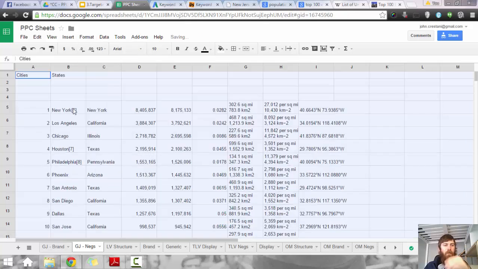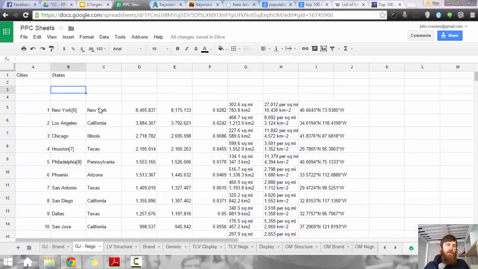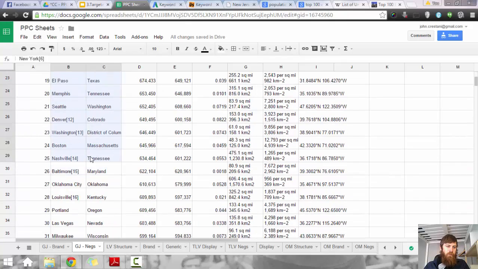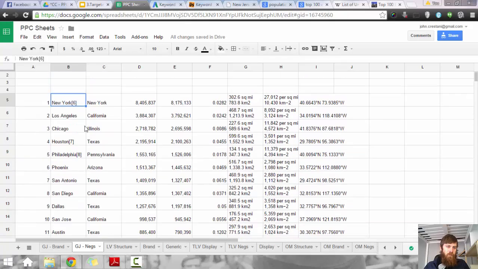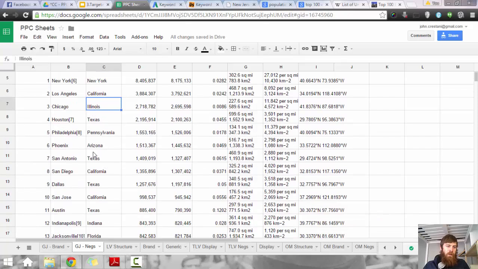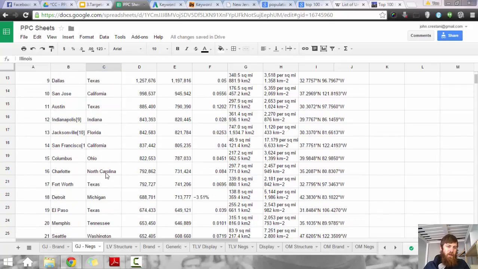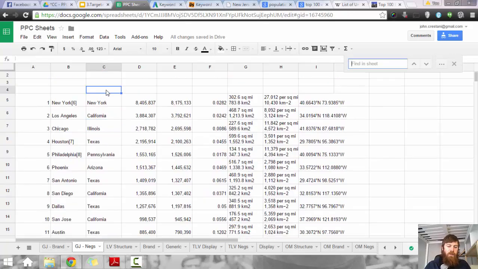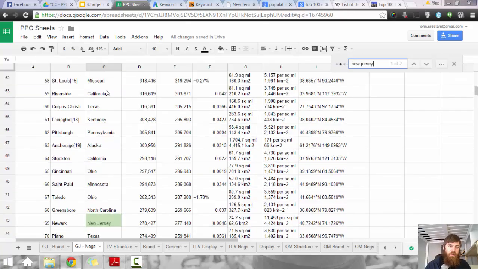Formatting. And I'm going to copy all these cities. Everything except, I'm going to look for anything that has New Jersey in it, because we don't want to exclude New Jersey cities. Go to Newark.